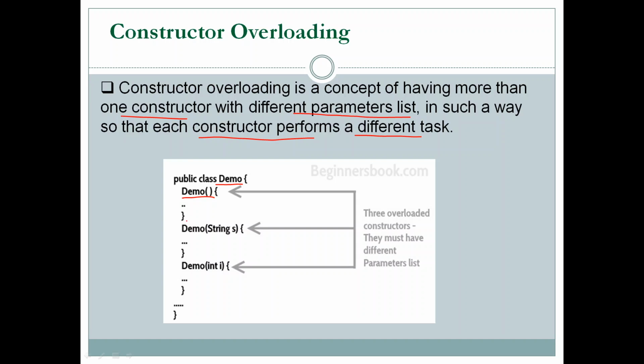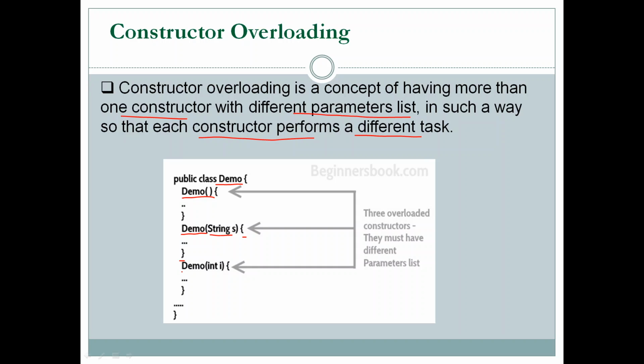We have one more constructor. Again, the name of the constructor should be the same as the class name, and we have brackets open and close. But there is a difference between the first constructor and the second constructor. The second constructor is taking one argument of type String.